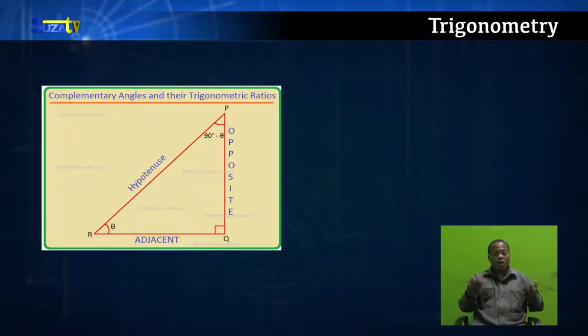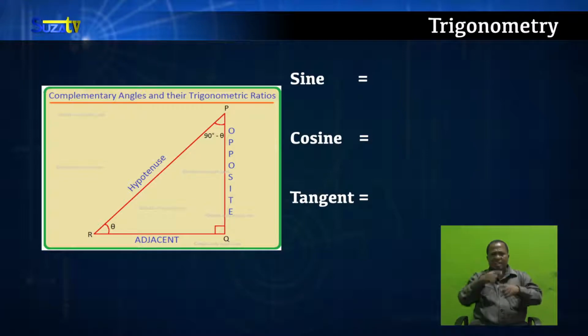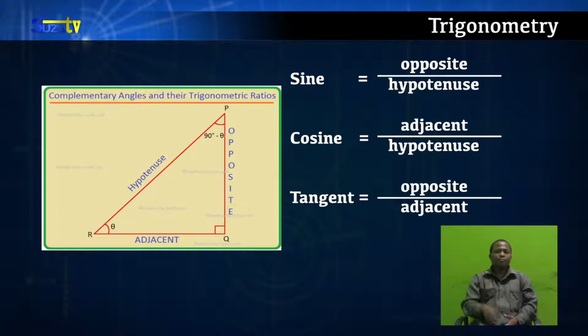Now, from the given right-angled triangle, can you define sine, cosine, and tangent of an angle theta? Yes, sine is equal to opposite over hypotenuse. Cosine is equal to adjacent over hypotenuse.